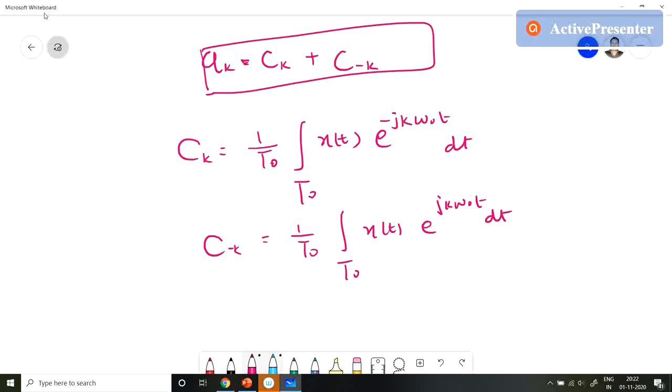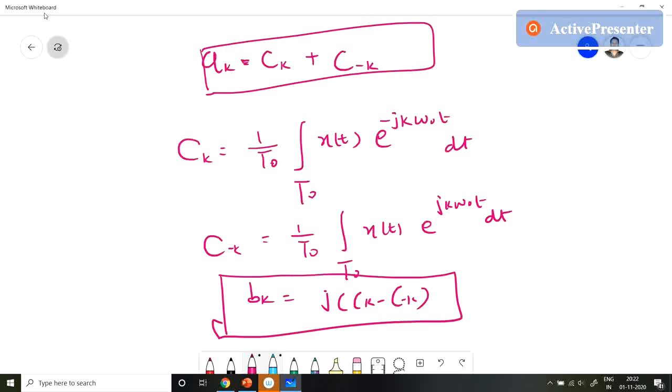Now if we subtract these two, we will get bk is equal to j times ck minus c of minus k. Please check this relation. This is our relation between bk and ck and c minus k.